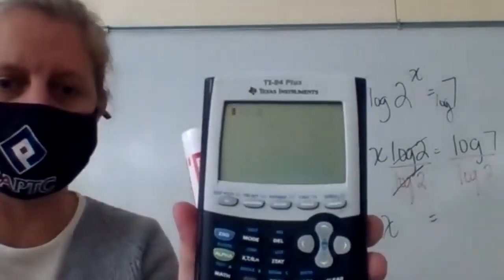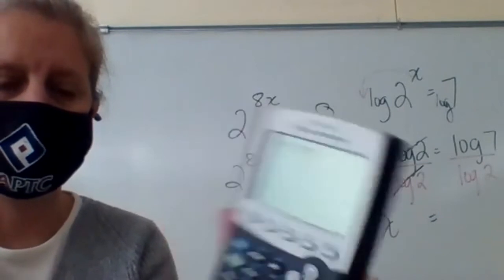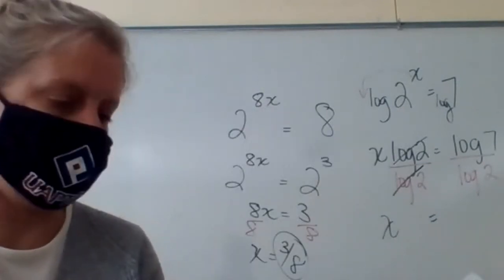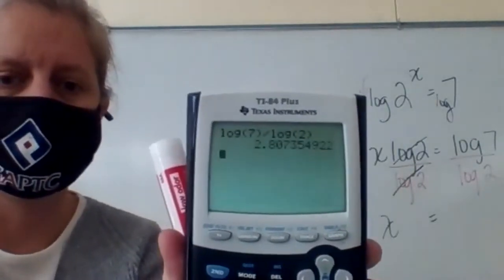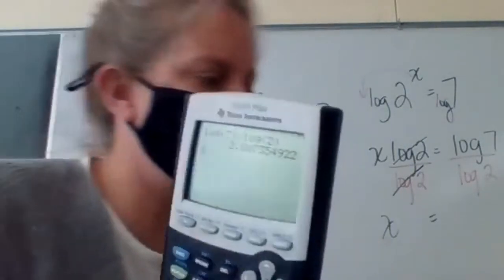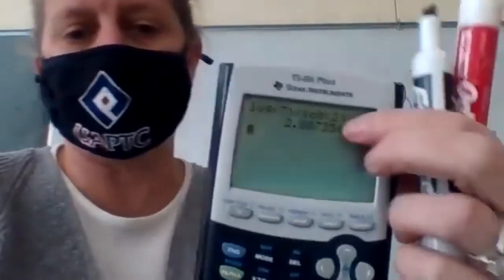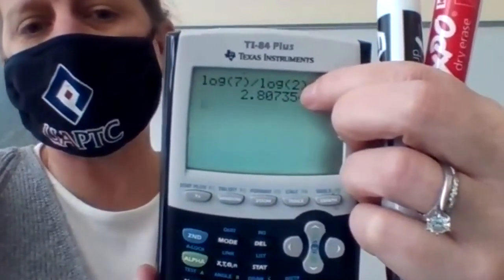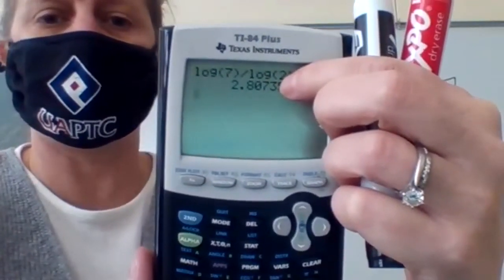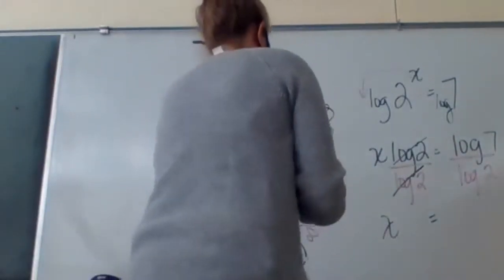So just in your calculator, log 7, close, divided by log 2, close. Get your decimal, and I'm assuming probably, yes, round to 4 decimal places. So 1, 2, 3, 4. After the 3 is a 5, so round that 3 up to a 4. So 2.8074.